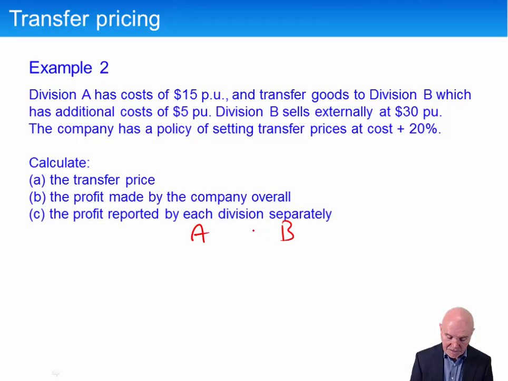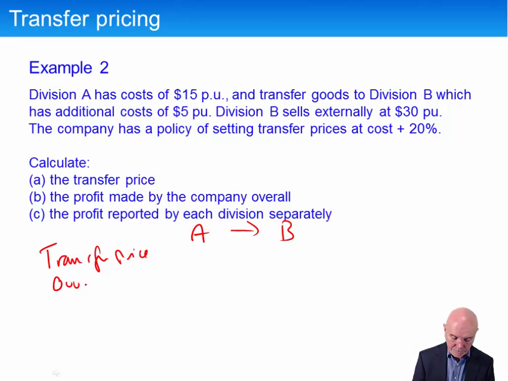A is transferring to B. You have the transfer price. We have own costs. That'll give us total costs.